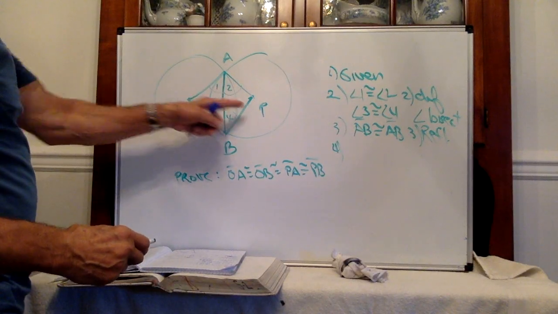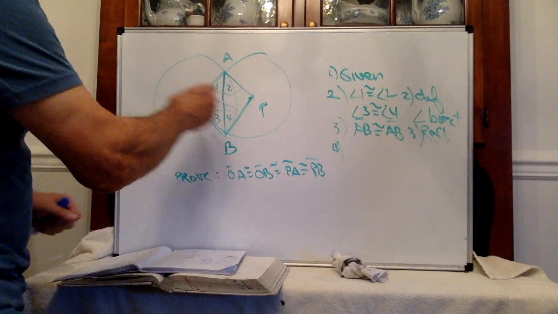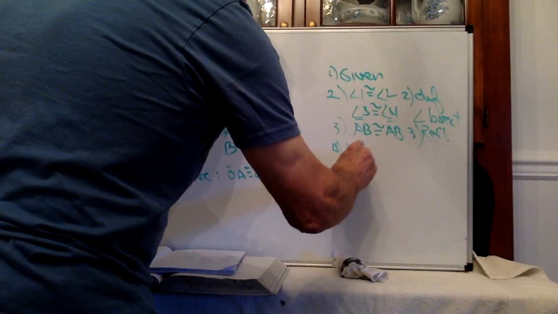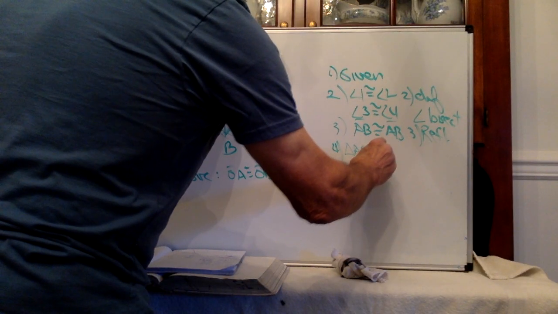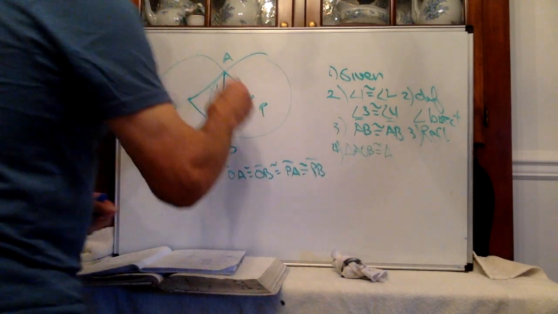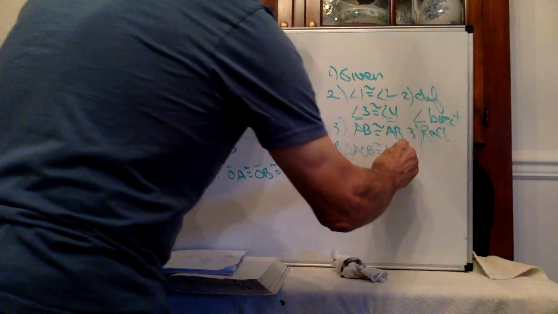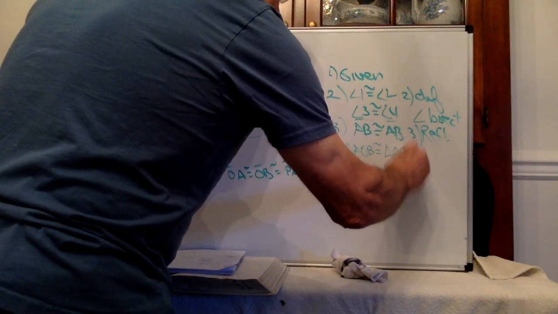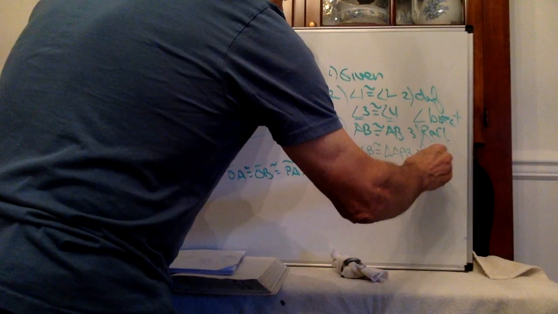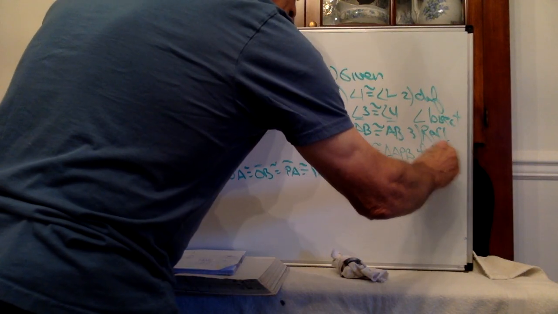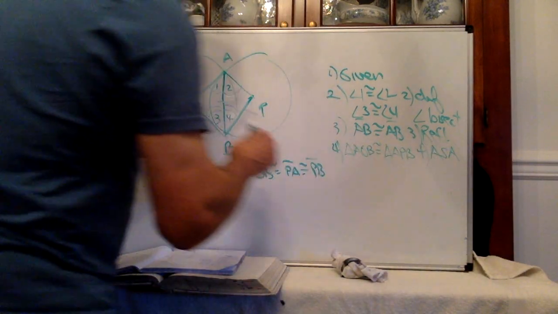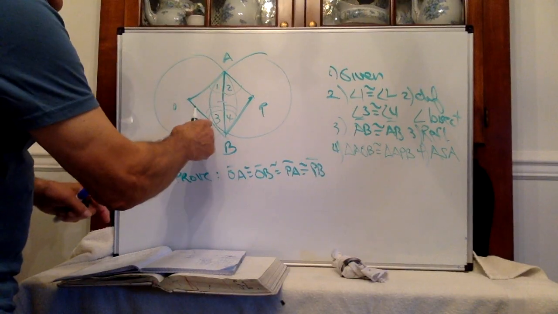Which tells me these two triangles now, triangle AOB is congruent to triangle APB by ASA. Angle, common side, angle.